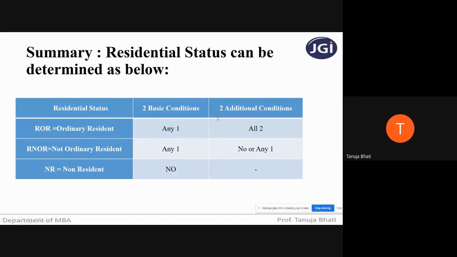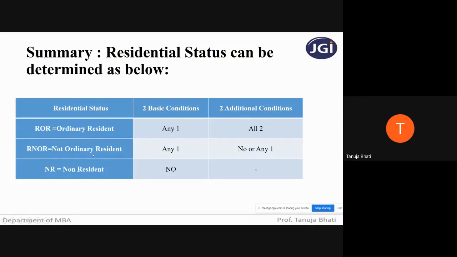If he is fulfilling both additional conditions, he gets the tag of resident and ordinarily resident. If he is fulfilling any one additional condition or none, he gets the tag of resident but not ordinarily resident.